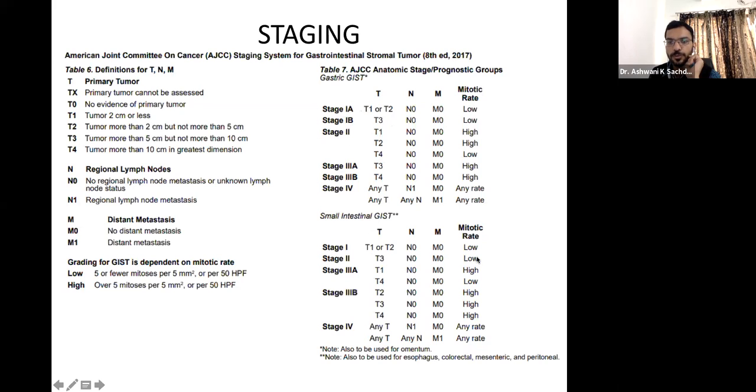So it was stage 2 in small intestine. And T1, T2 high and T4 low is stage 2, whereas in small intestine T1 high and T4 low is stage 3A. Okay. And again, T3 with high is stage 3A, and T4 with high mitotic rate is stage 3B.